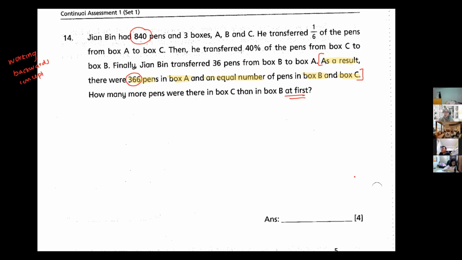So we need to compare between these two. I have 840 pens at first. In the end, I'm left with only 366 pens. How many pens have I used? So I need to find the difference.